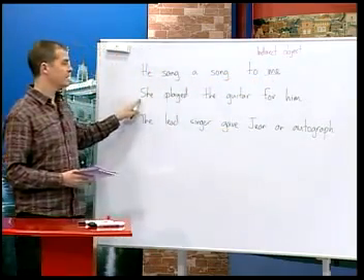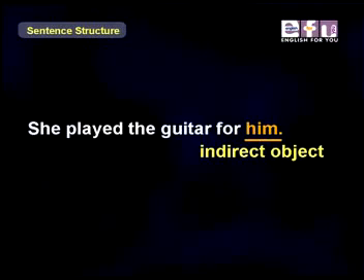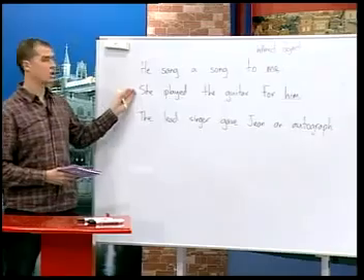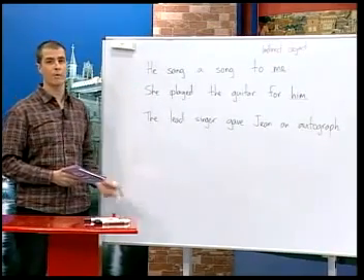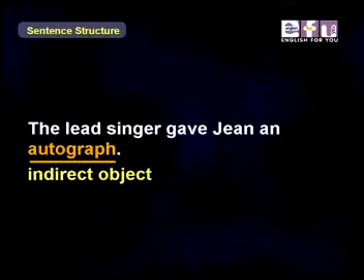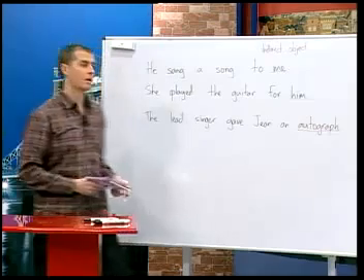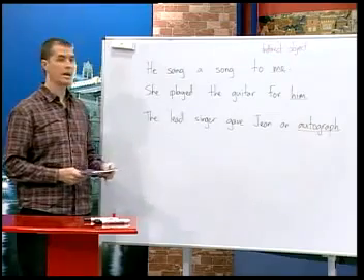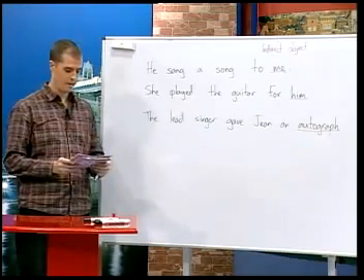The second sentence, the indirect object is him. She played the guitar for him. In the third sentence, the indirect object is an autograph. The lead singer gave Jean an autograph.